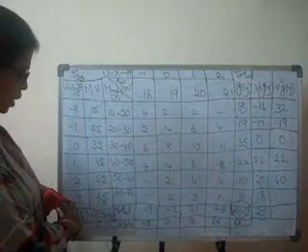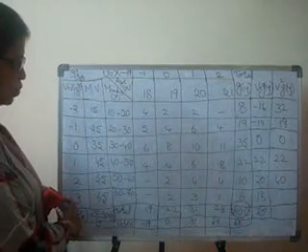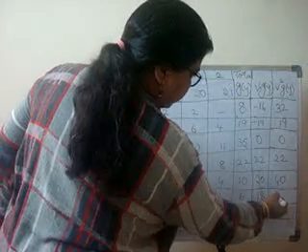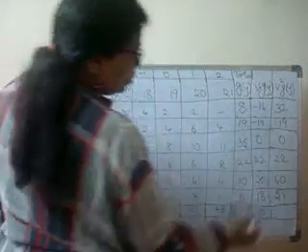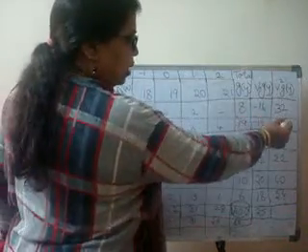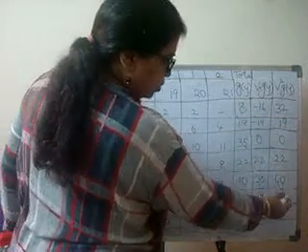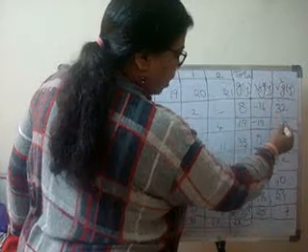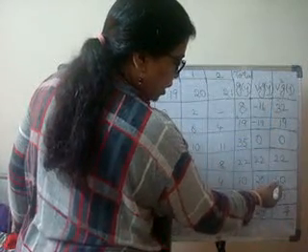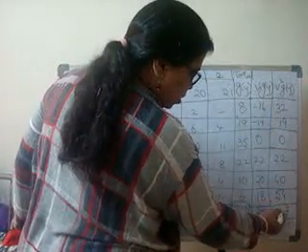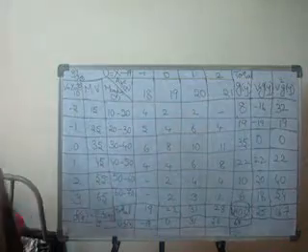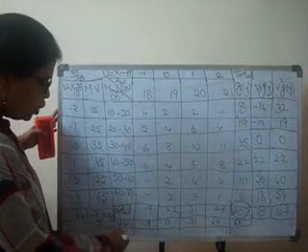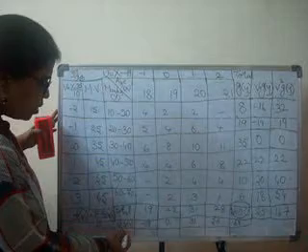Then 3, 3 square is 9. 9 6s are 54. So adding up this, 11, 12, 13, 17, 1 carry, 4, 5, 6, 7, 11, 16. 167. The same way you have to find out here u square f of x.